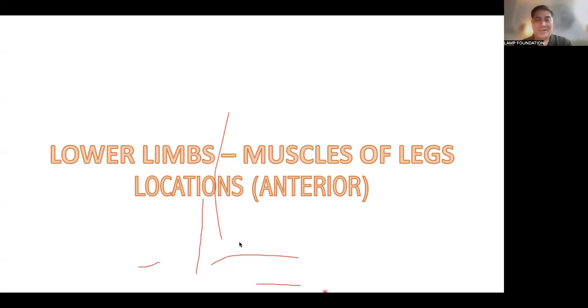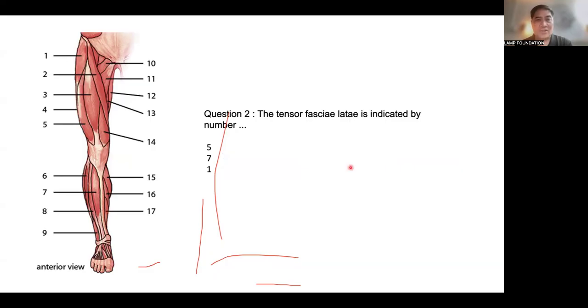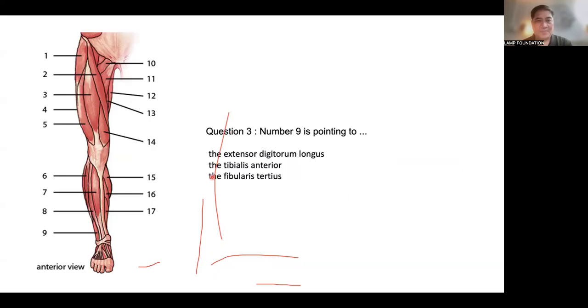Okay. So lower limbs, muscles of the legs na tayo. Number 17 is the flexor digitorum longus. Meron siyang counterpart sa arm, di ba? The upper tensor fasciae latae is indicated by number 1.